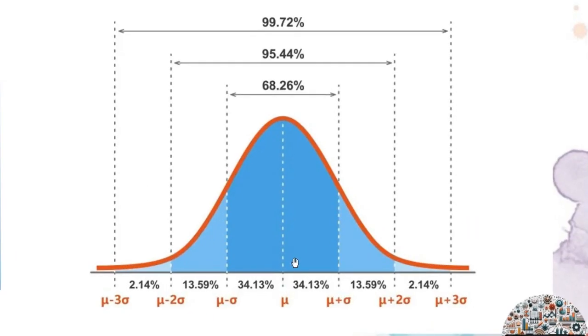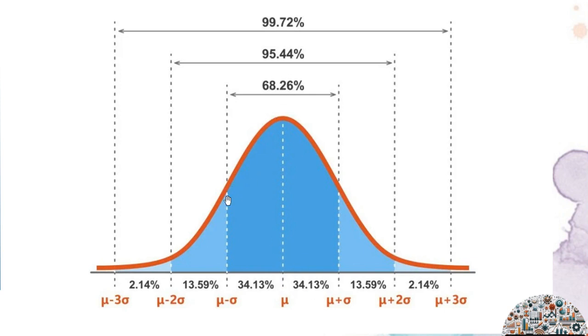As you know, for example, this is a normal distribution, and in normal distribution we have our mean plus our standard deviation, our mean plus 2 times standard deviation, and 3 times, and minus 3 times standard deviation, 2 times, and our mean minus our standard deviation. In normal distribution, we have something like that.